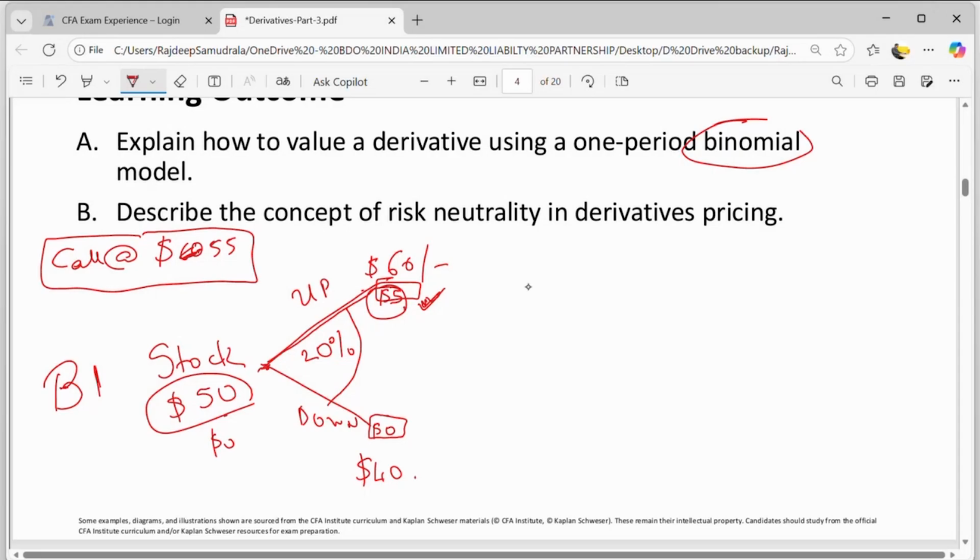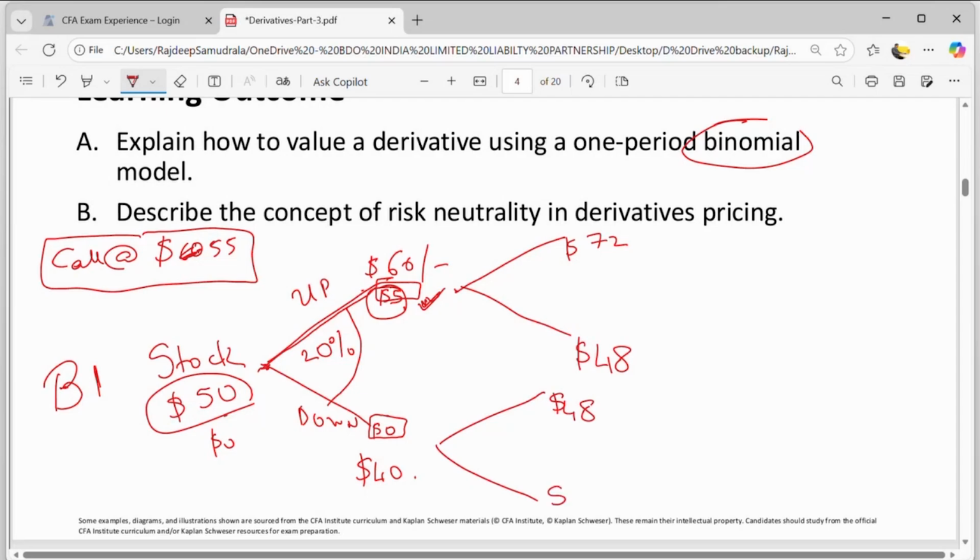Now the game doesn't end here. We could go and say, okay, let's go up and down again from here. If from 60 it goes up by 20%, it'll go to $72. If it goes down, it'll go to $48. Same here. If from 40 it goes up, it may go to $48.